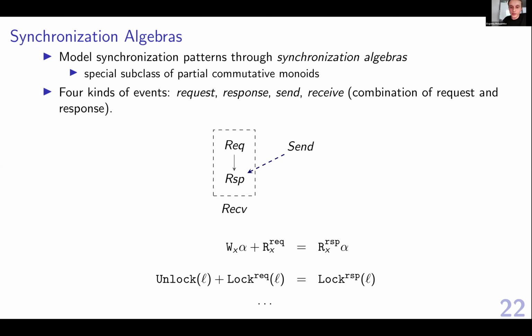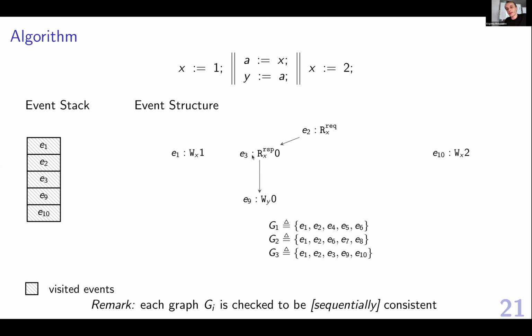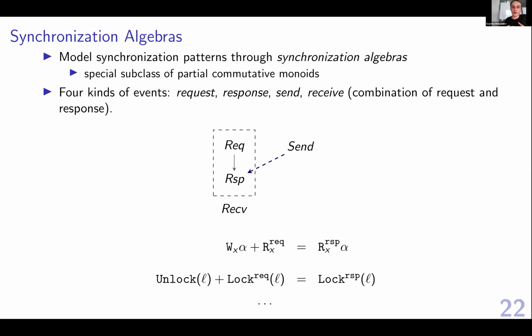Another interesting part is that here we had read and write events, but in real-world concurrent programs we have different types of events and different types of synchronization rules between them. But they all follow the same pattern.